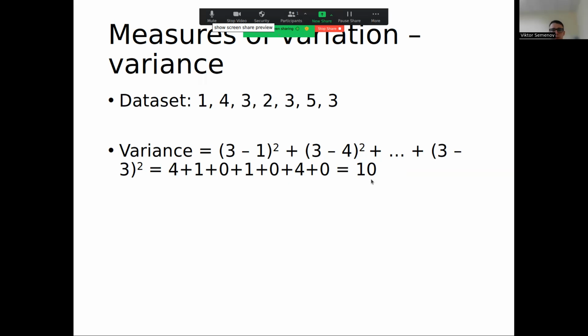If we say that this is a data set of the number of episodes of flu which occurred in the previous year, then the unit of measurement for this variance will be episodes squared. It sounds a bit tricky.